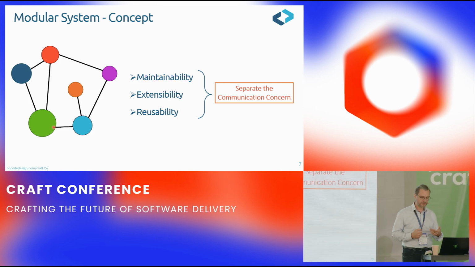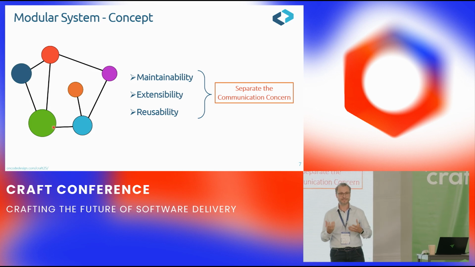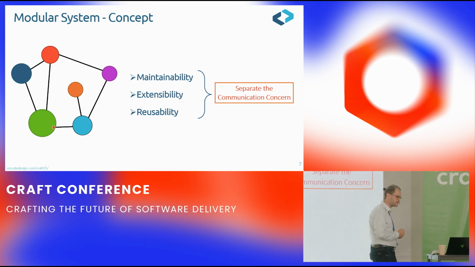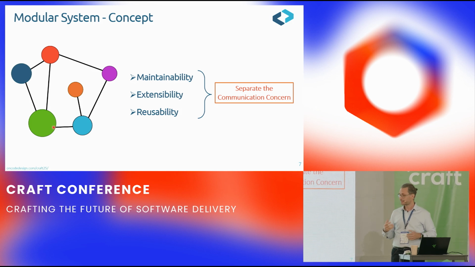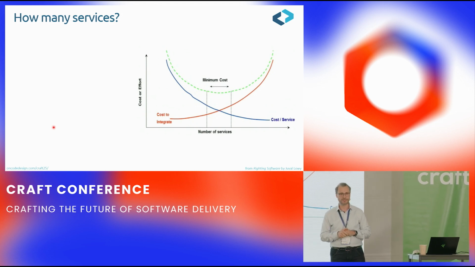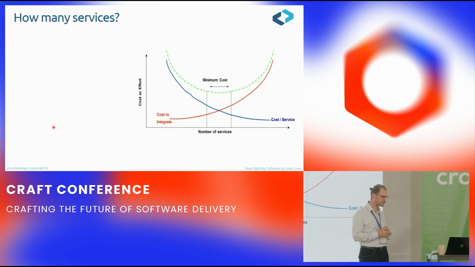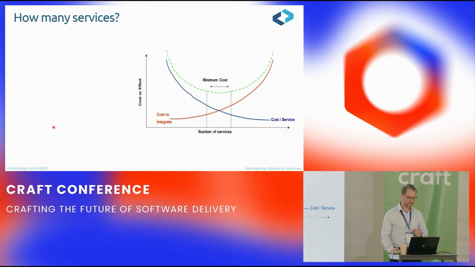Now, when we look at a modular system, another question is, how many services should we have? To answer this, I'm bringing in a graph from the Writing Software book of Yuval Lowy. And this one shows the two things we are paying for in software development.